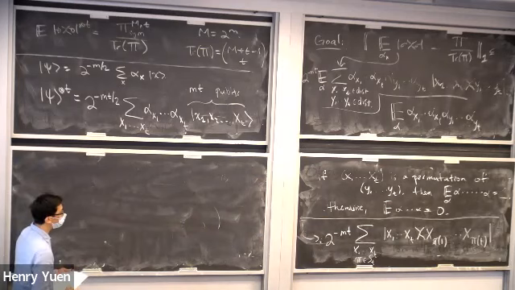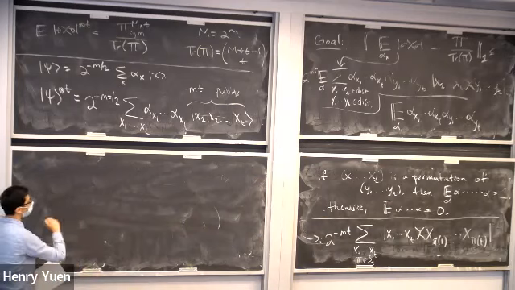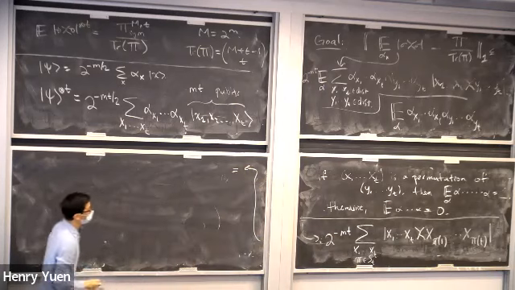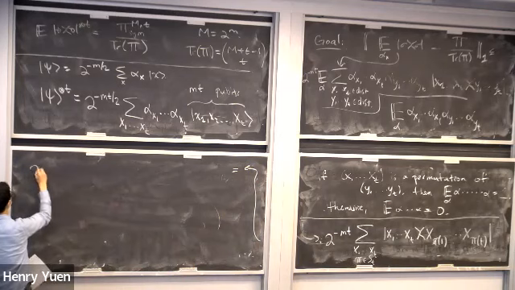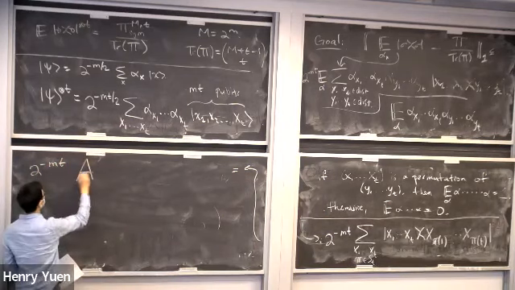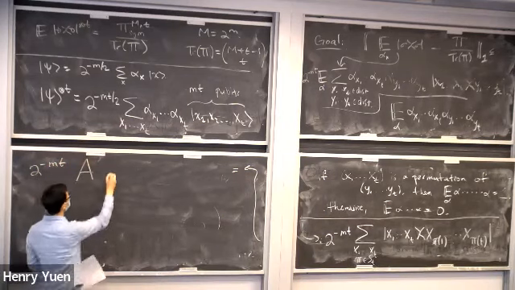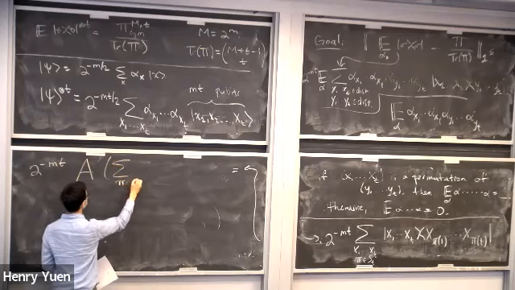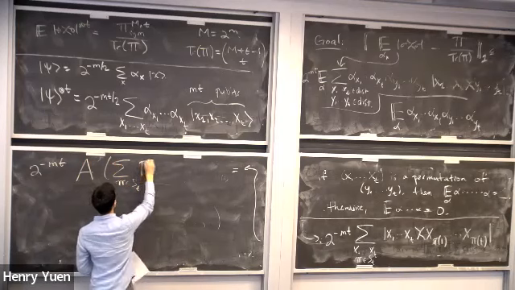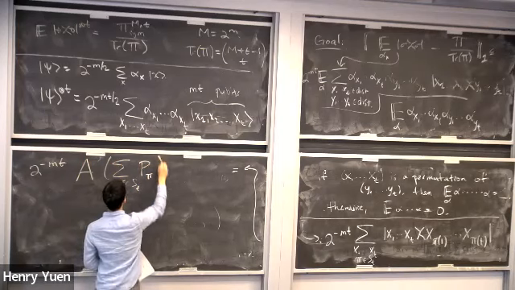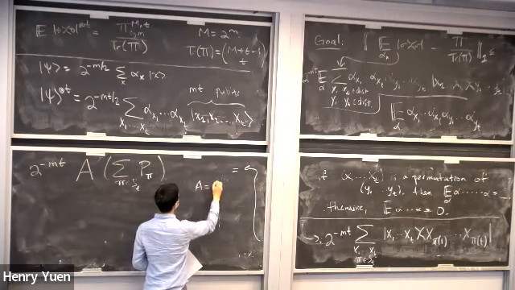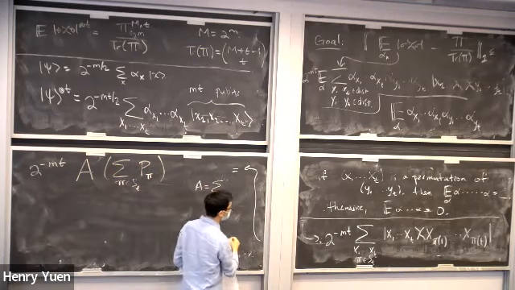Okay, so now that thing is going to be equal to, so here you can do the algebra on your own, but I claim it's equal to 2 to the minus mt times some matrix A times the summation over all permutations of this permutation operator. Okay, what's A? A is just going to be the summation over distinct x1 up to xt's.